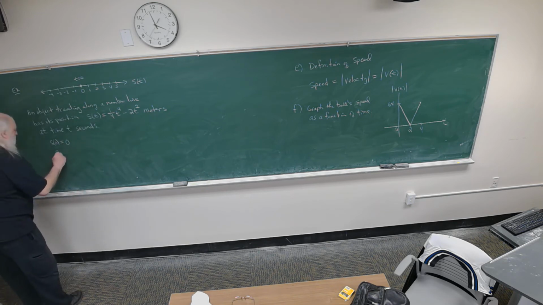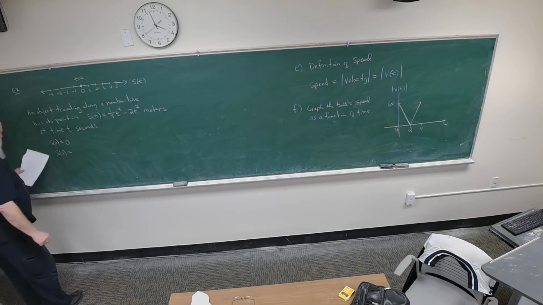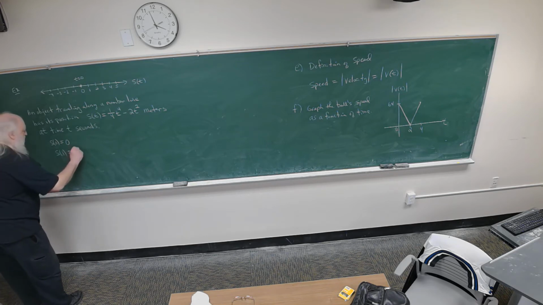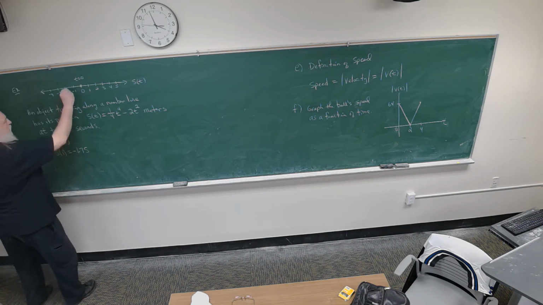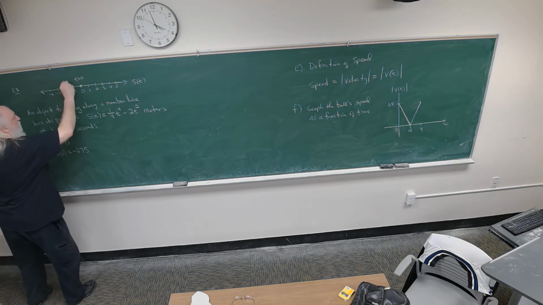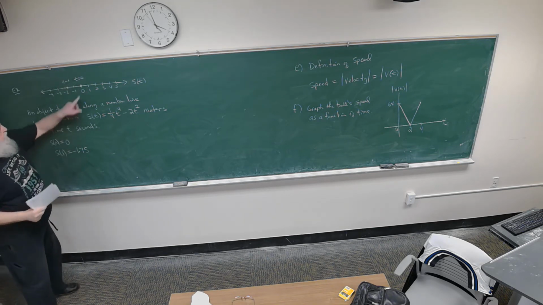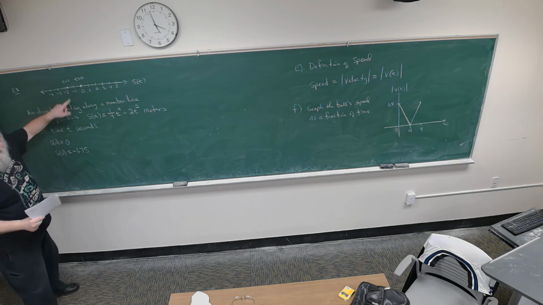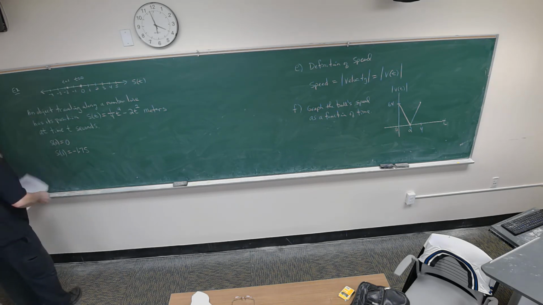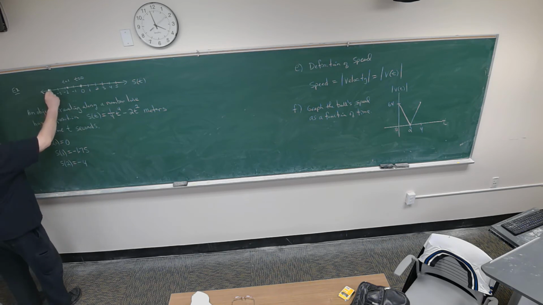At t equals 1, and you guys can verify, check my math, S of 1 is equal to minus 1.75. So here's minus 1.75 on the number line. So from t equals 0 to t equals 1, the object goes from here to here. Okay. At t equals 2, the object is at minus 4. So here's minus 4 on the number line. So that's where the object is at t equals 2.